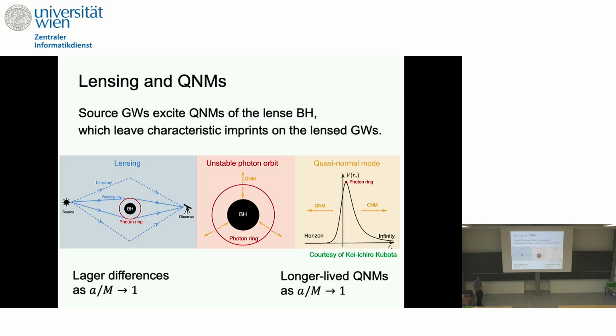Because the source gravitational waves excite the quasinormal modes of the lens black hole, and then those excited modes are imprinted in principle on the lensed gravitational waves. So I think there is a very important relation between the lensing of gravitational waves and the quasinormal modes.